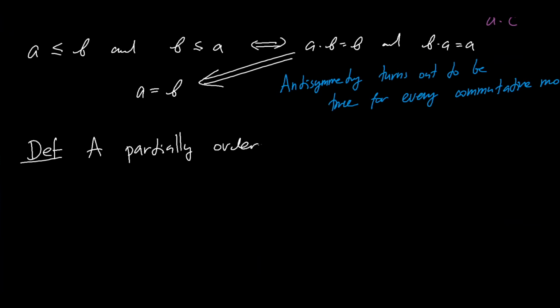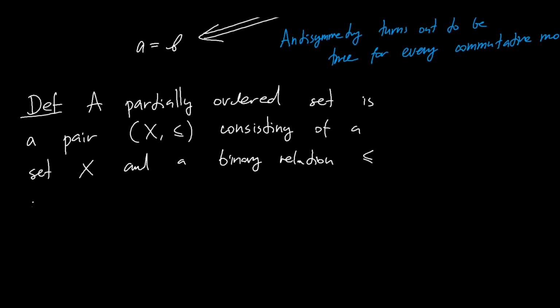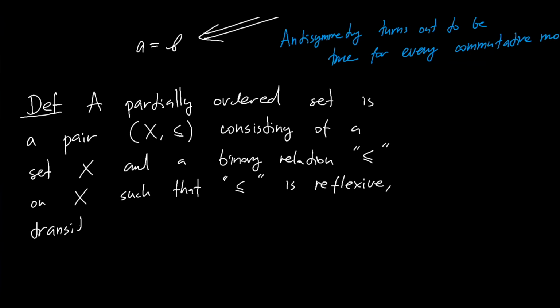A partially ordered set is a pair consisting of a set X and a binary relation less or equal on X, such that this relation is reflexive, transitive, and antisymmetric.